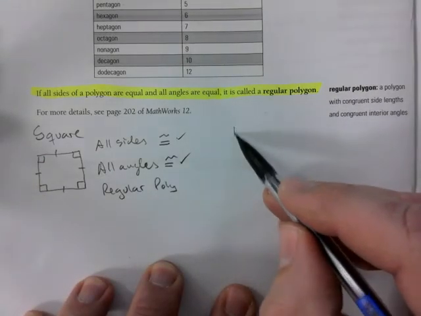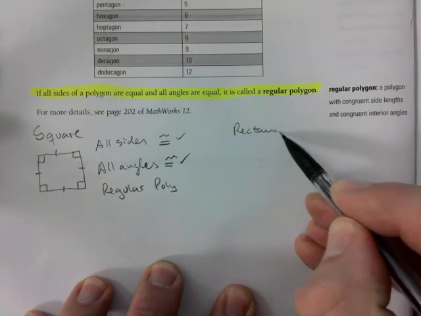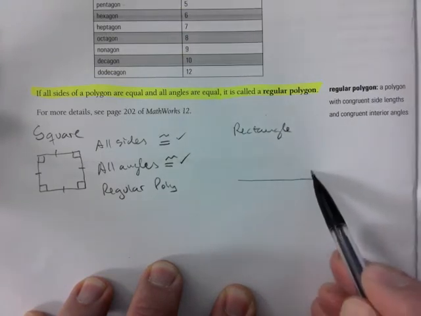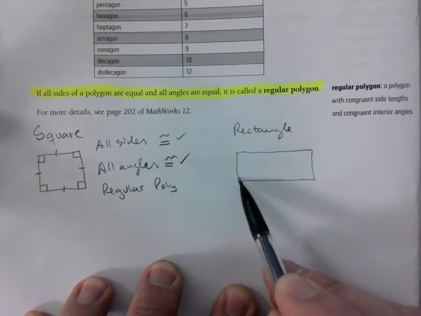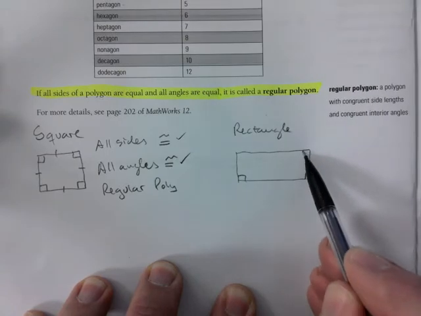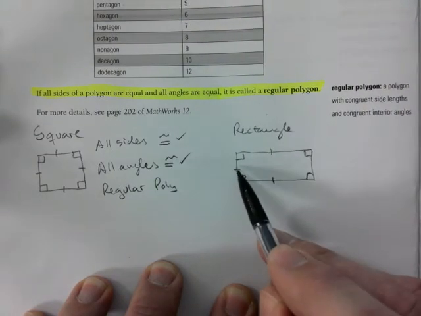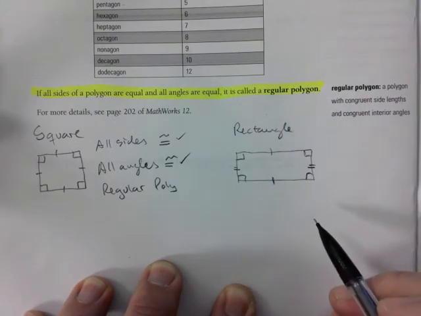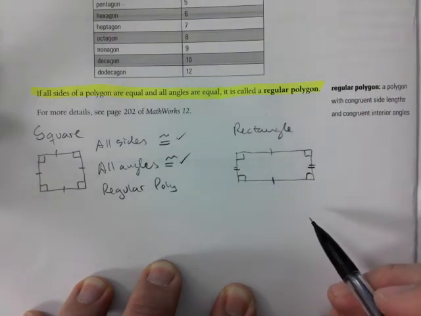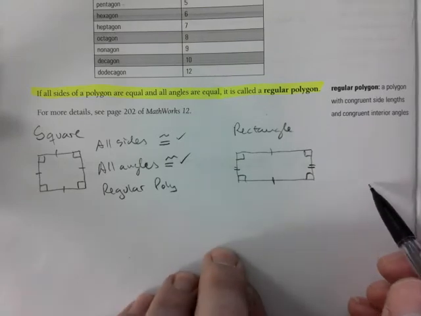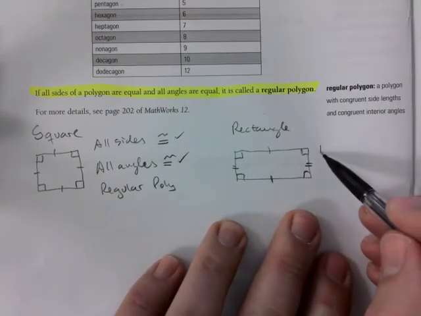What about a rectangle? All 4 angles are the same, aren't they? But this side is the same as this. This side is the same as that. So a rectangle would not be a regular polygon by definition.